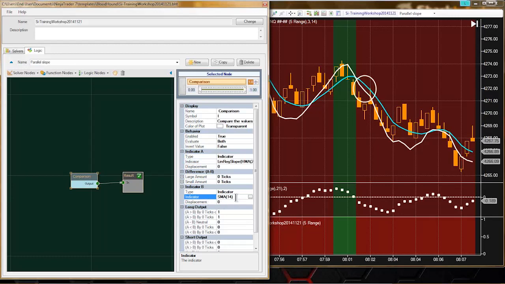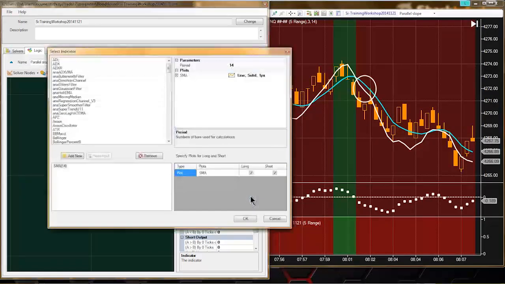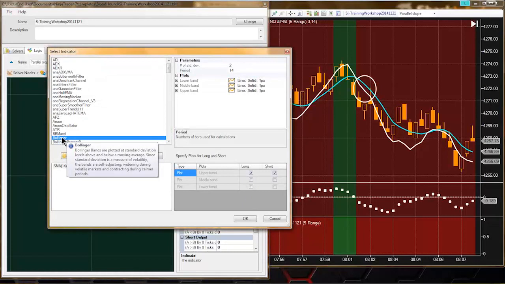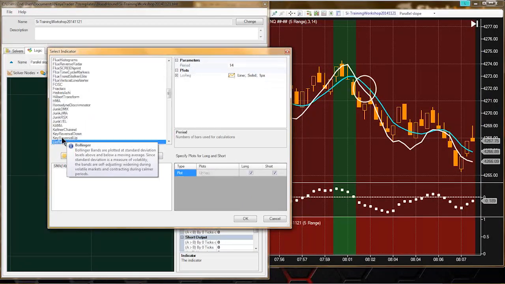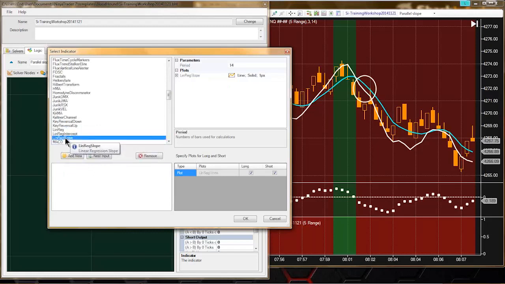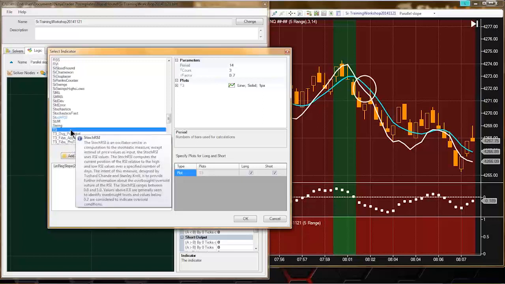Next we'll set up the TSF in here. There we go. Oops, change it to 2. And next, go find the TSF.